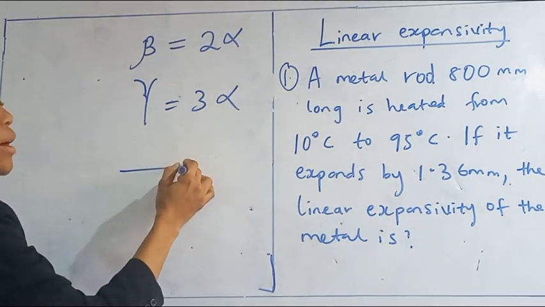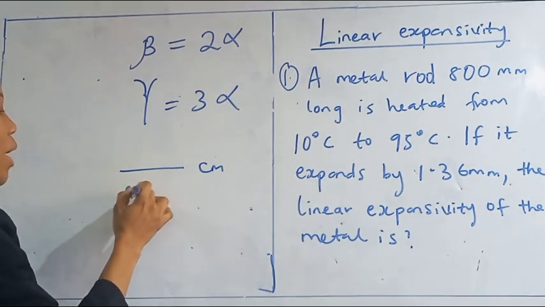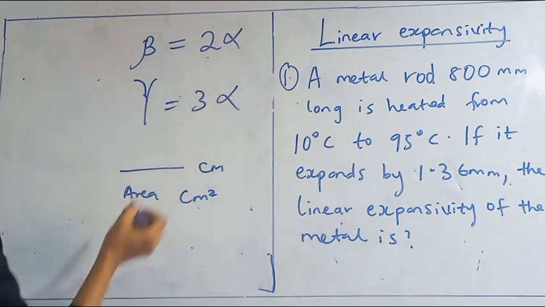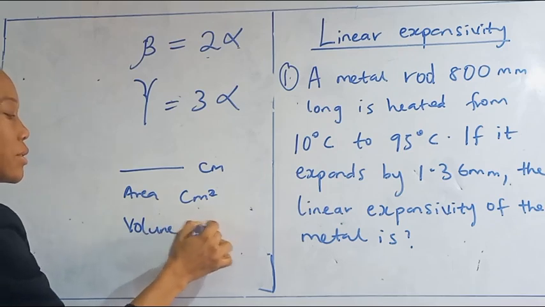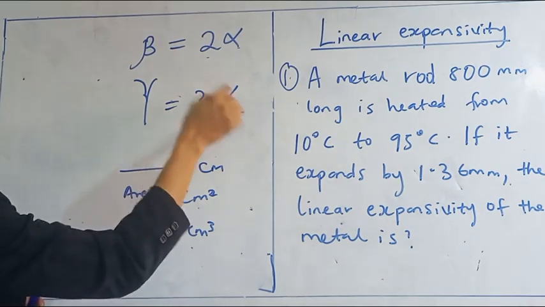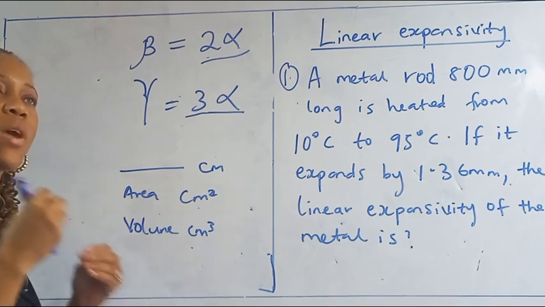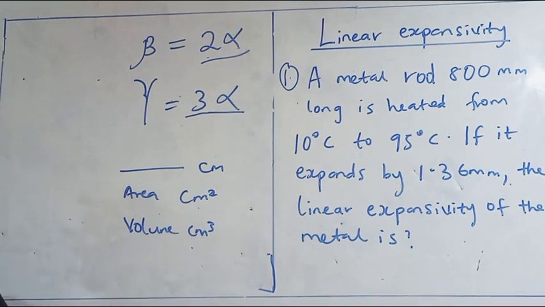Remember, linear can be in cm or meter, area is in meter square, and volume is in cm cube or meter cube. So you see 3 times and 2 times. Once you note these things, you will not waste time or have any issue solving problems on linear expansivity.